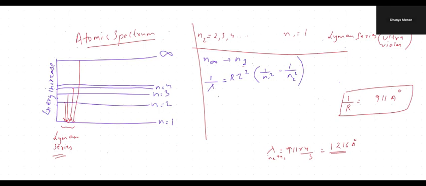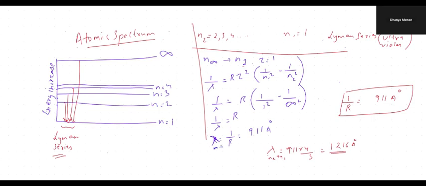For the same hydrogen atom I'm discussing, Z is equal to 1. So 1 by lambda is equal to R times (1 by 1 square minus 1 by infinity square), which is equal to R times 1, since 1 by infinity square is 0. So 1 by lambda is equal to R, and lambda is equal to 1 by R, which is equal to 911 Armstrong. So this is from infinity to 1.